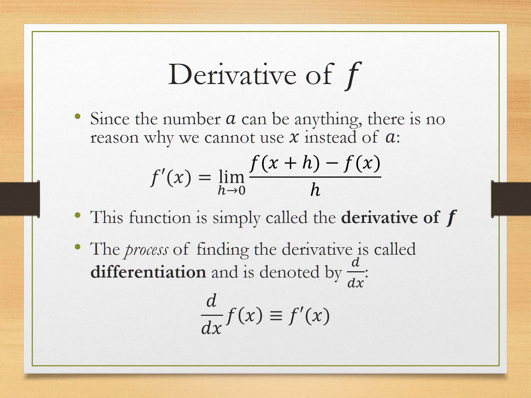For very simple differentiation, you don't want to bother giving names to all these functions. What if you need to find the derivative of dozens of very simple functions? Do you give names to all of them? You run out of alphabets. So in that case, it's easier to use d dx.